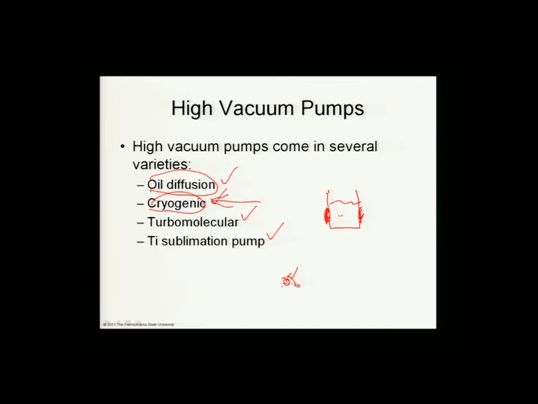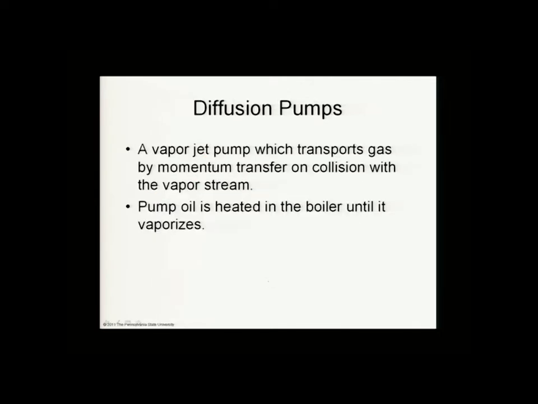Then you form titanium oxide, which then coats out, and you have then used the titanium to pump. So engineers and scientists use all sorts of different ways to accomplish pumping in the higher vacuum regimes.